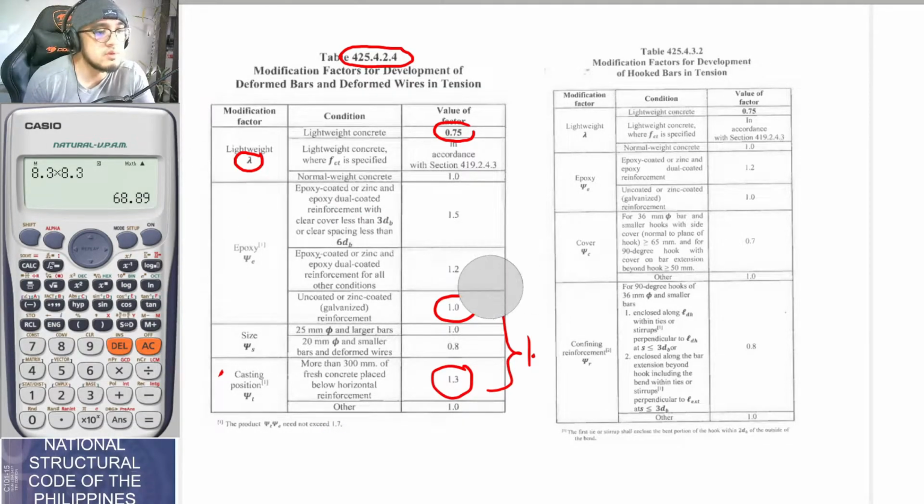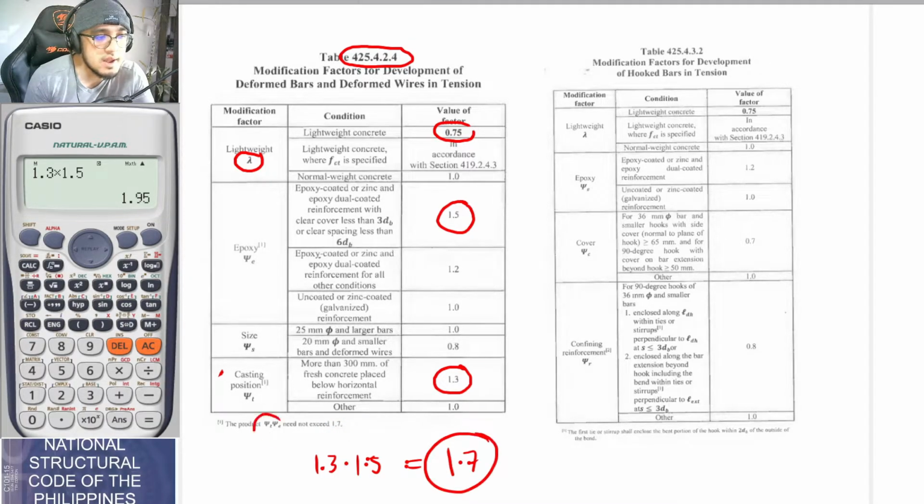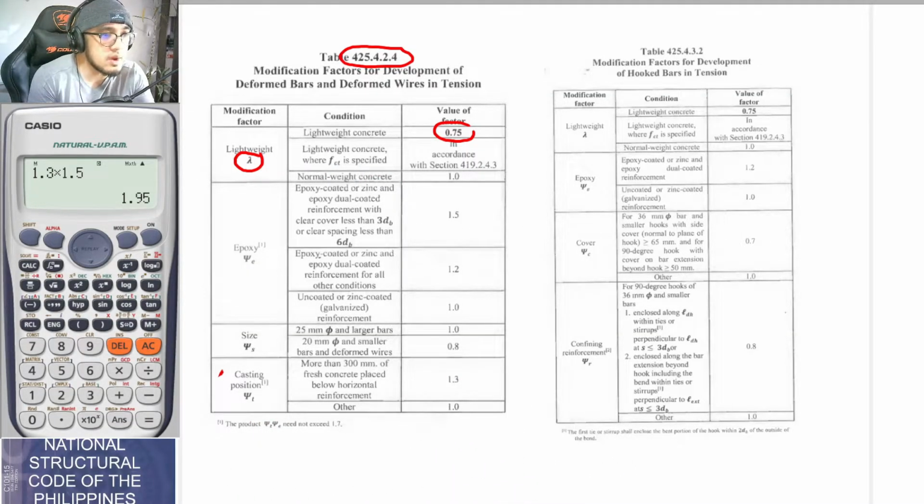So just as an example, say you have chosen 1.3 here and 1.5 here. 1.3 times 1.5 is equal to 1.95, and since it already exceeded 1.7, you will now use 1.7 as your psi t times psi e. But once again, that is not applicable to our work because we have chosen 1.0 and 1.3.